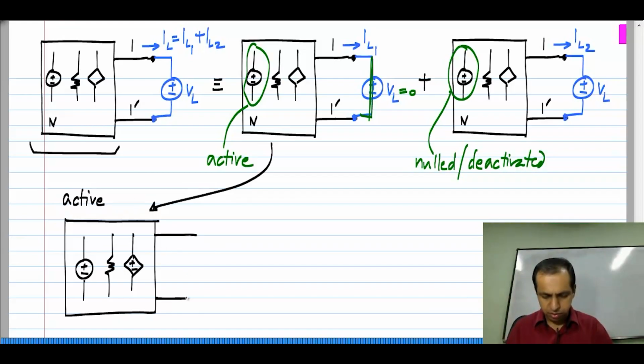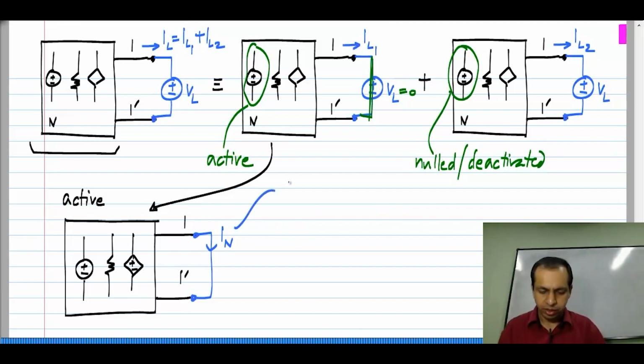And I terminate the output, or these terminals 1 and 1 prime, where I want to find the equivalent, with a short circuit. Because when I set VL equal to 0, that is what I get. I have a short circuit and I measure the current through that short circuit. Here I called it IL1, but this is usually called IN, the Norton current. It is the Norton current or the short circuit current.